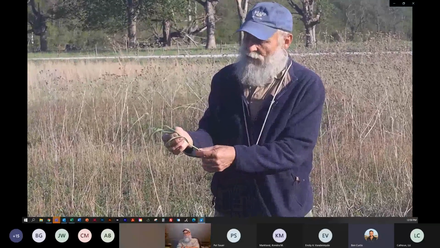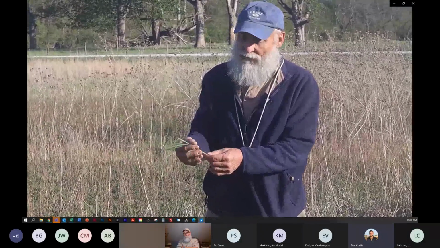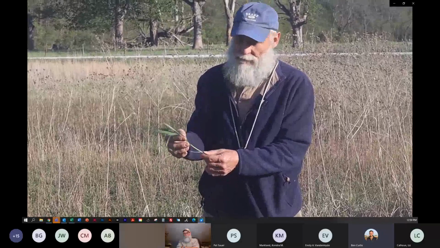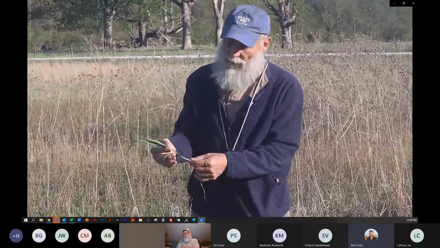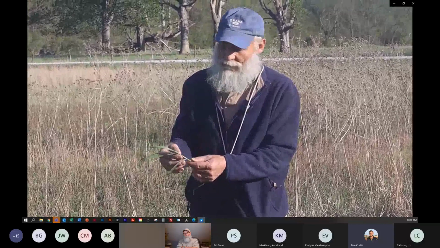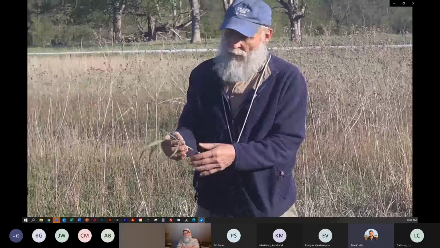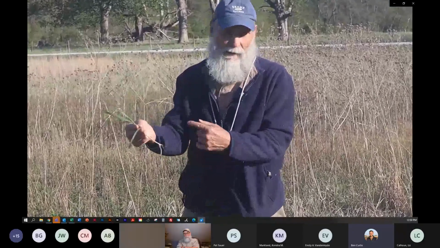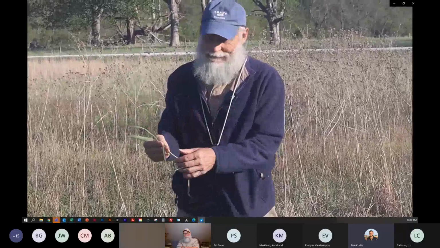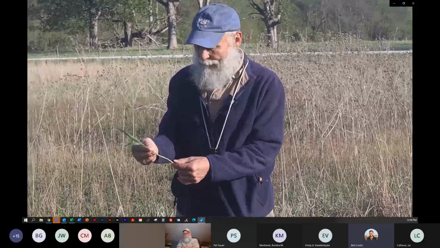I'm actually conducting a study right now on a sedge meadow in Madison County, investigating different methods of controlling this species, looking at the use of fire, mowing, and the herbicide clethodim, in various combinations, to see if we can remove the reed canary grass without damaging the native sedge meadow species that are still there.